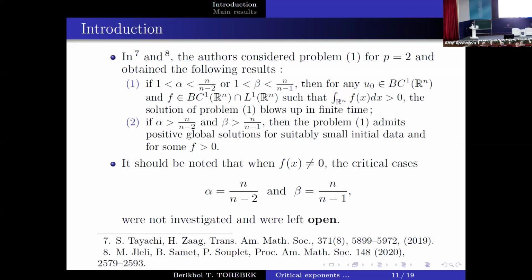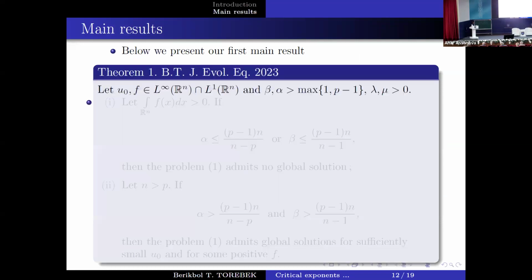Then the main goal of our presentation is first to extend these results to the p-Laplacian case, and also prove the critical case. Let us formulate our first main result.